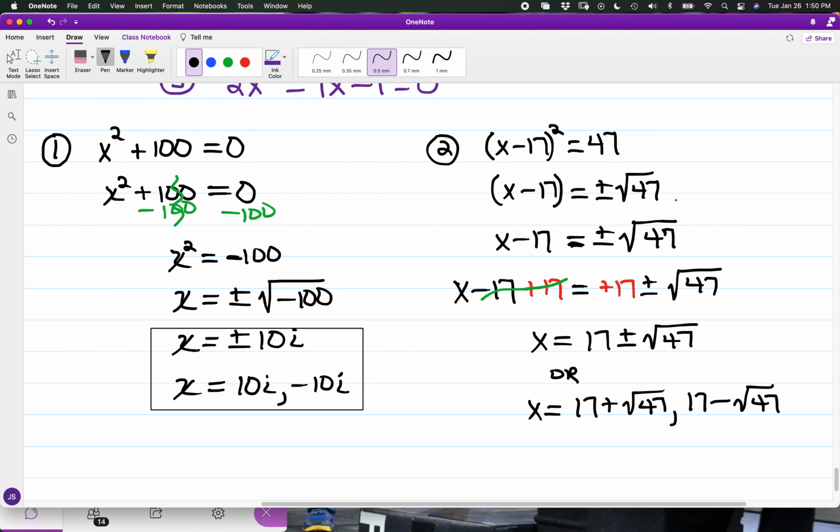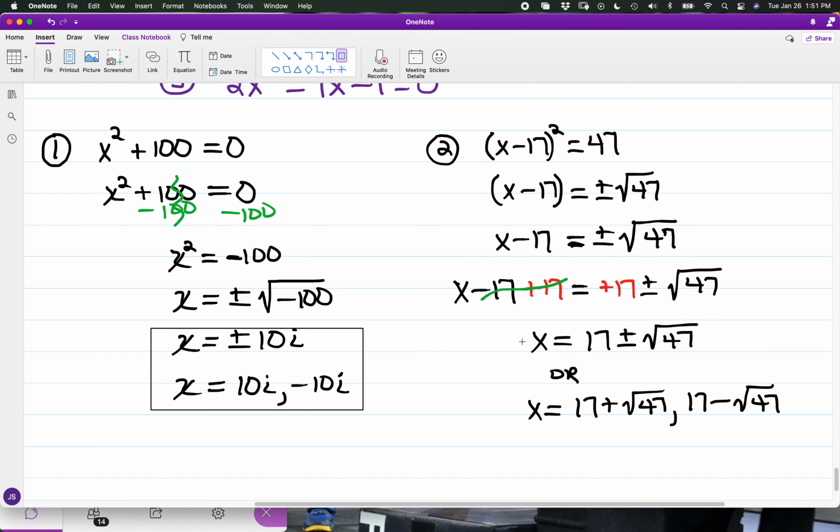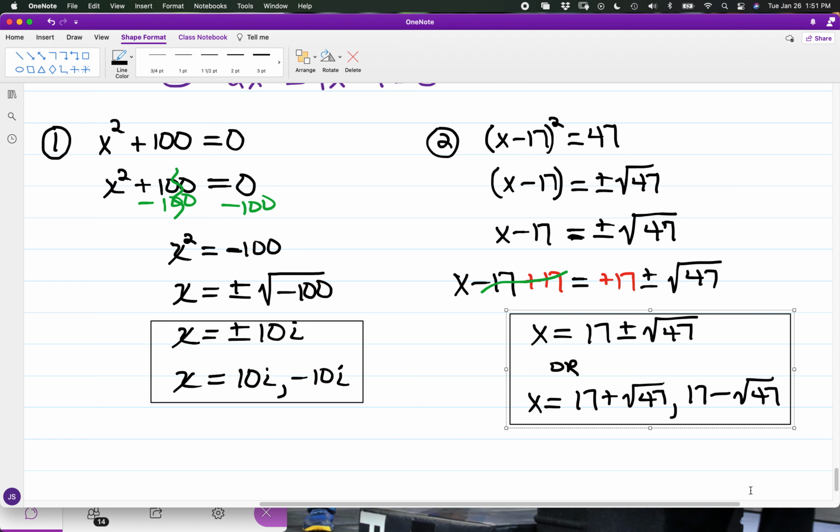So there was no i term since we had the square root of 47 rather than the square root of minus 47. So these solutions were exclusively real irrational roots.